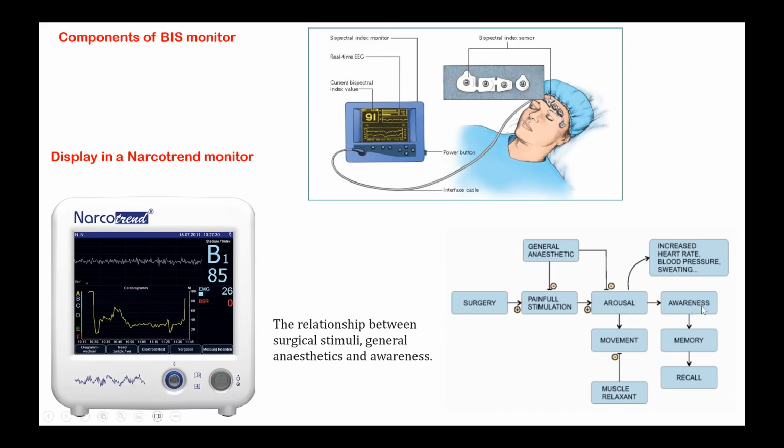And if the patient becomes aware, its memory is affected, he registers these events that are happening, and post-operatively he may have a recall. So this picture will give you a very simple, easy idea why depth of anesthesia is very important and how it can be interfered with by the surgical stimulus and your anesthetic depth. How both of them are to be balanced to maintain a correct plane of anesthesia.